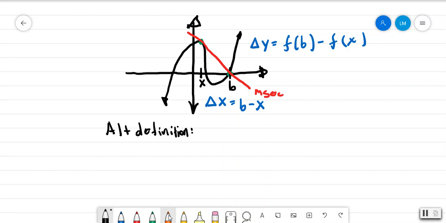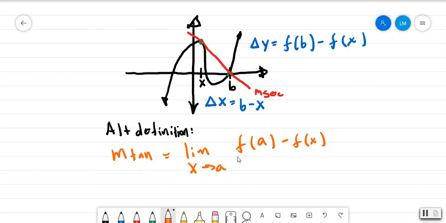So we have the alternate definition. That tells me that the instantaneous rate of change, the slope of the tangent, is going to be the limit as x approaches a. We'll do it like this: f of a minus f of x, all divided by a minus x.